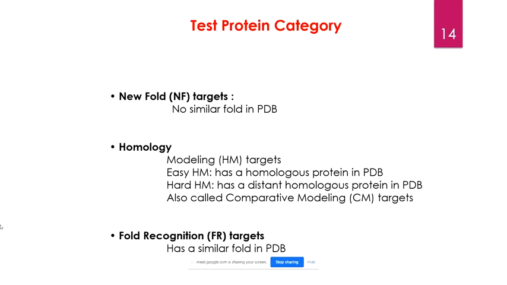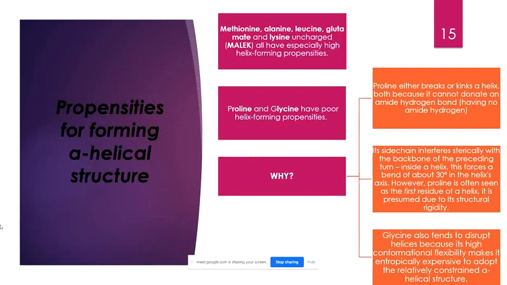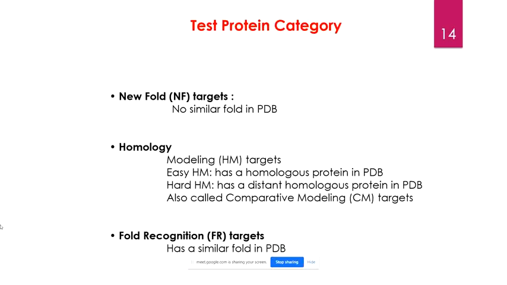So rather than finding homology in the entire structure, we tend to find the common motifs in the protein, and whenever we find common motifs, we draw out the structure according to those small fragments of motifs. Okay, understand? So this is another way of predicting the structure. Don't worry, I'm going to tell you how to do that.